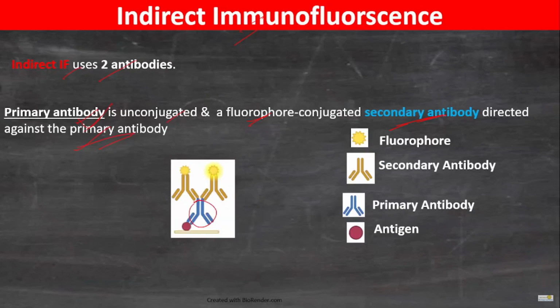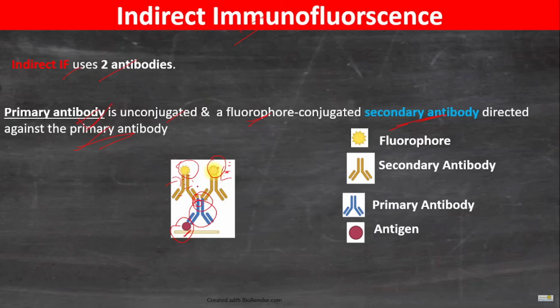As you can see here, this is the primary antibody, this is the protein of interest, and we have two secondary antibody molecules. These are conjugated with fluorophores, and they bind to the primary antibody, and this primary antibody binds to our protein of interest.